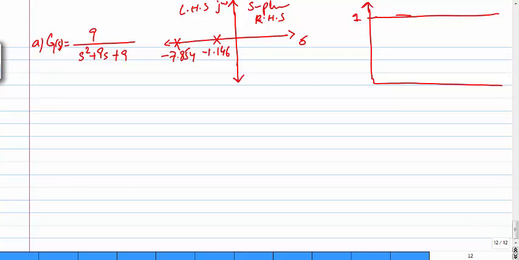Now how does the response look like? It will start from 0 and try to reach 1.